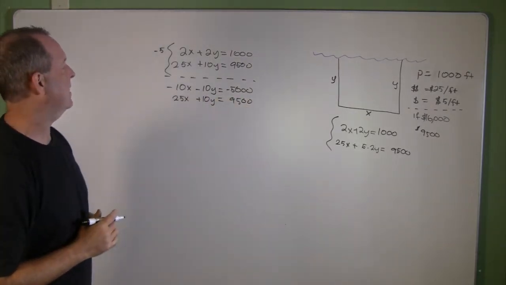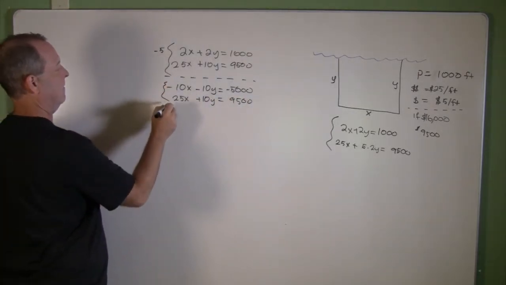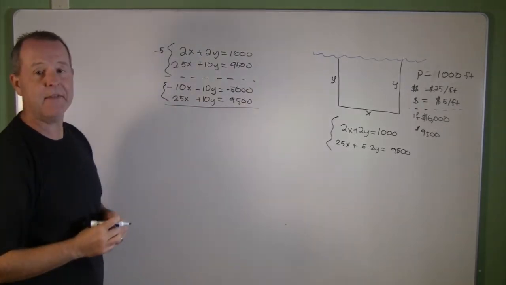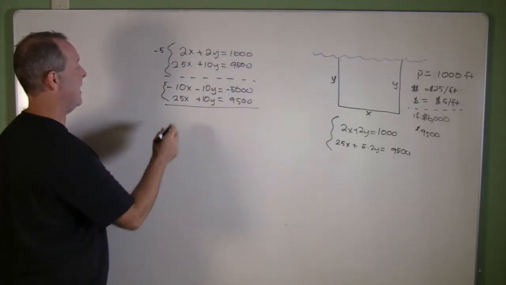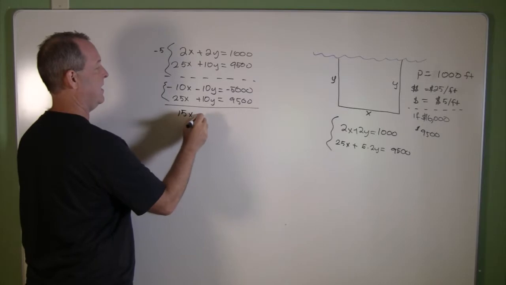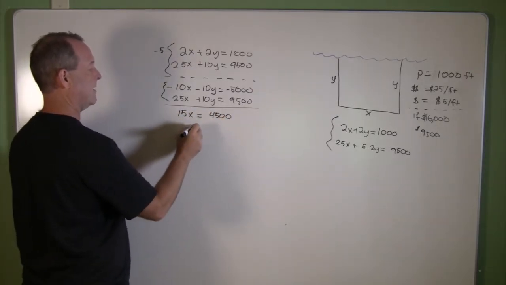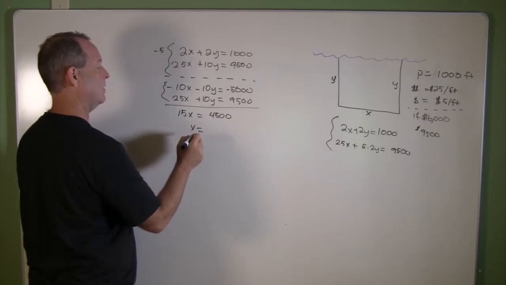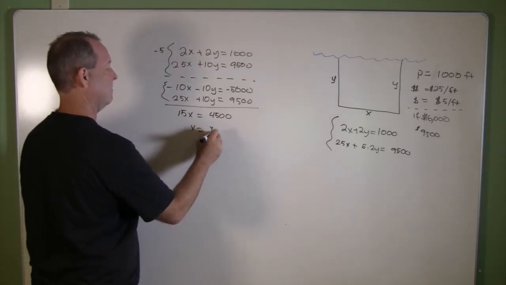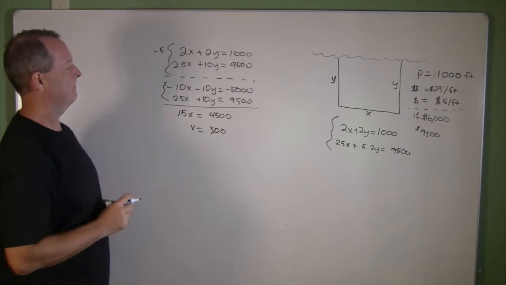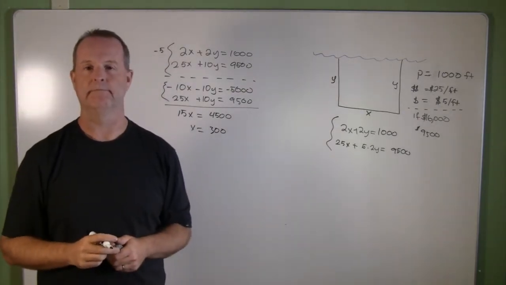That line is exactly the same. I can add now, and when I add these two together, it looks like the ys are eliminated. 15x equals 4,500. And then x equals 300.